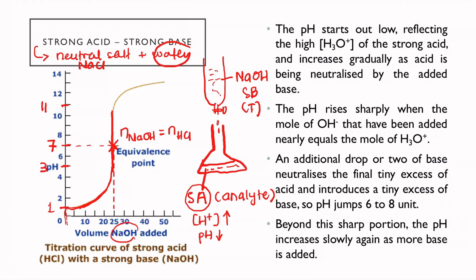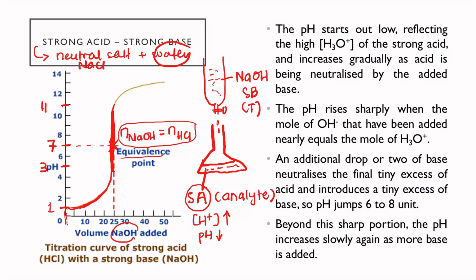Okay, that is when you have your steep portion. Okay, this is your steep portion right here. Alright. Okay, so awak dah capai equivalence point masa ni, and then awak add lagi 1 or 2 more drops of sodium hydroxide, and then terus awak punya pH shoot up.